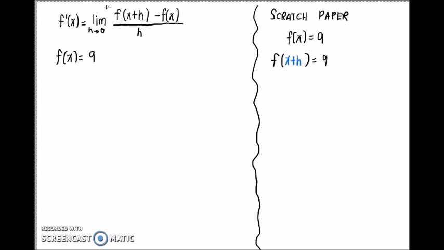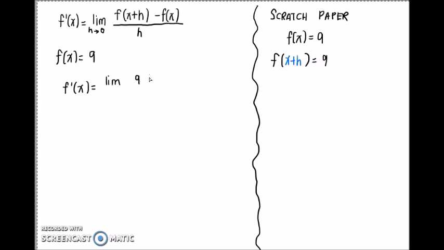So let's substitute that here on our formula for finding the derivative. So the derivative of f of x is equal to the limit of f of x plus h, we have solved that earlier, which is equal to 9.